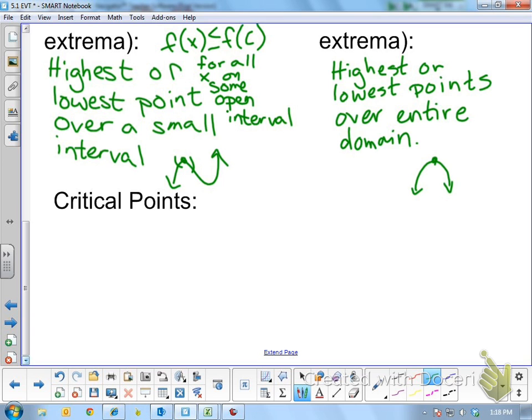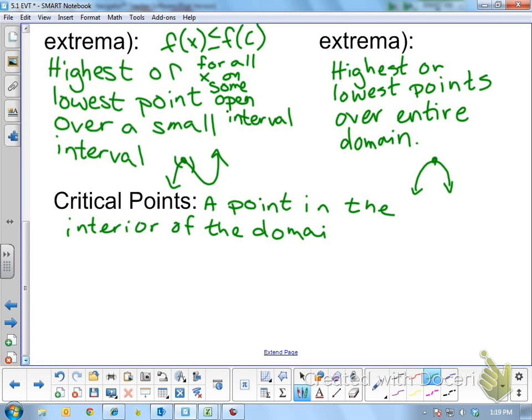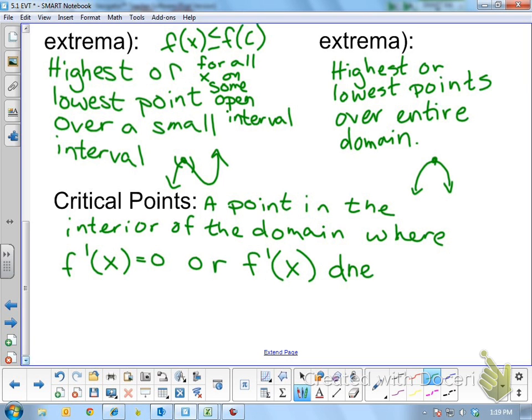A critical point is, we're going to use the more mathy definition, a point in the interior of the domain where f prime of x equals 0 or f prime of x does not exist.